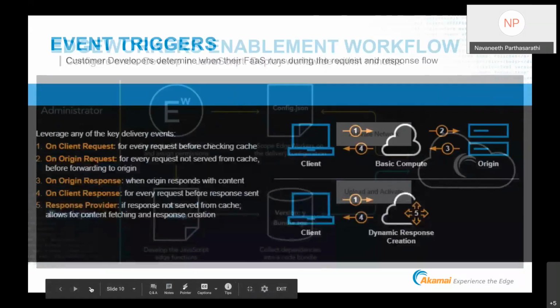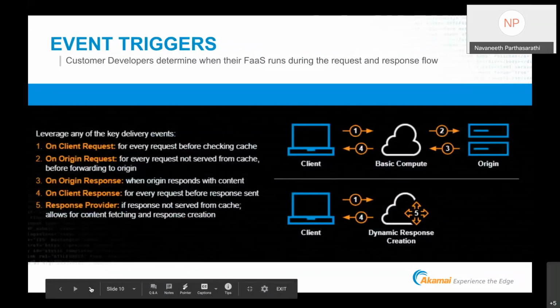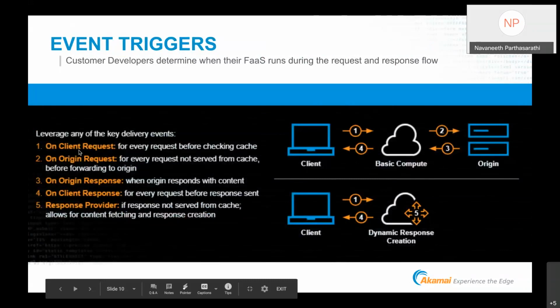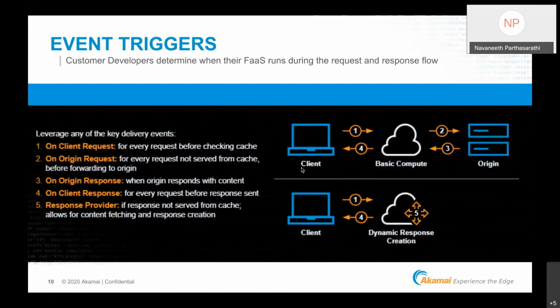So let's go on to the details on how this gets executed. The event trigger is the one which triggers the execution of the edge worker. As in any program, there is a condition or a situation which triggers this. Here we have 5 different areas where you can execute this. One is the client request, that is, when the client makes a request to the Akamai platform.